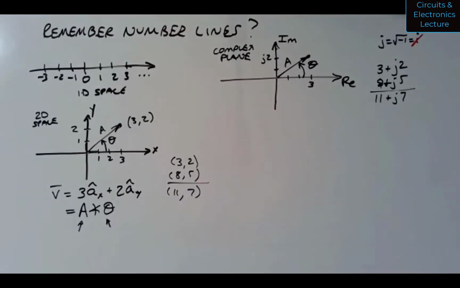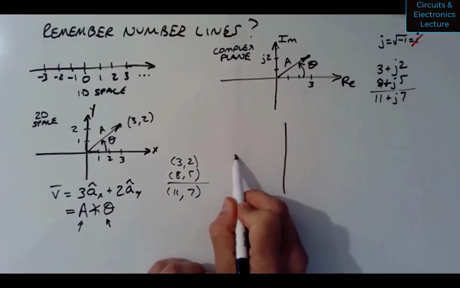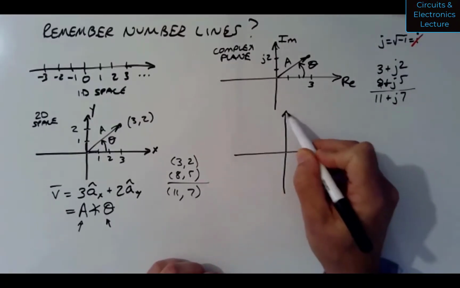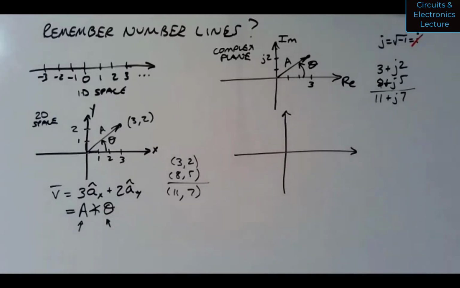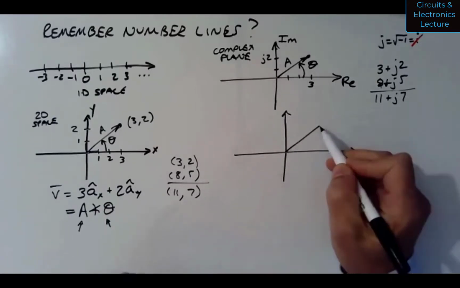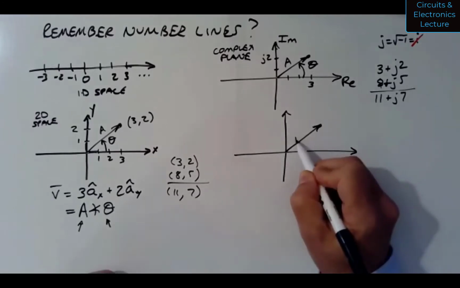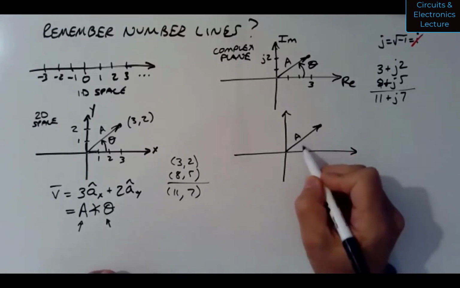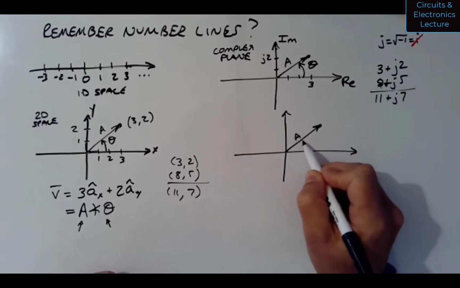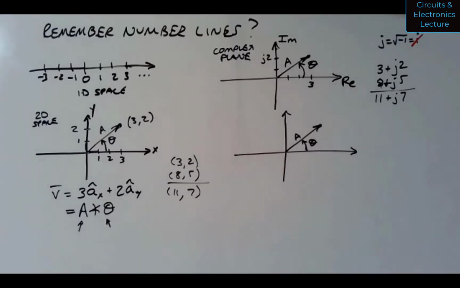Okay, so let's talk about converting between polar form and rectangular form. So if I have some point in space, and again, I'll just draw a vector to it from the origin. What that does is that helps me write a magnitude A next to that vector and an angle theta.